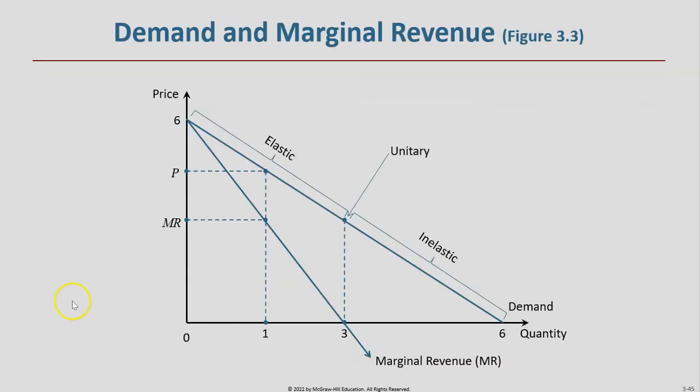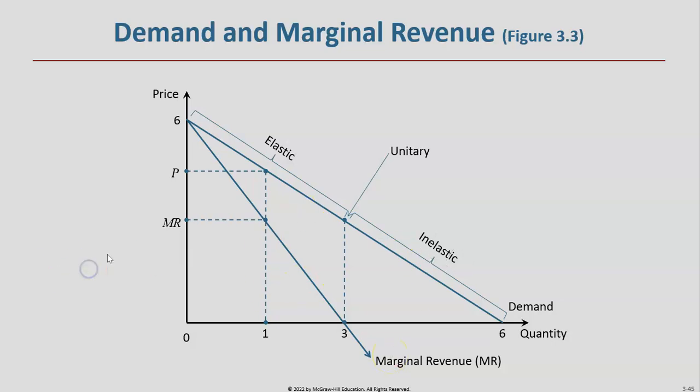Okay, and that gives us this expression that as long as the demand curve is elastic, marginal revenue is positive, and when demand becomes unitary elastic, marginal revenue is equal to 0, and when demand is inelastic, marginal revenue is negative.